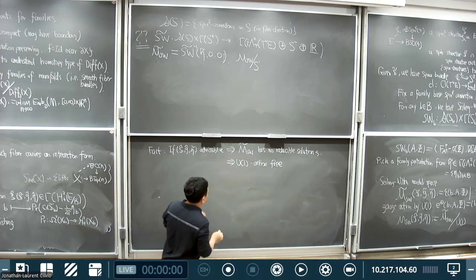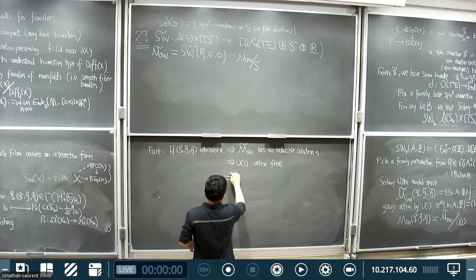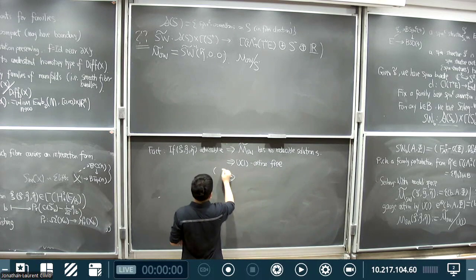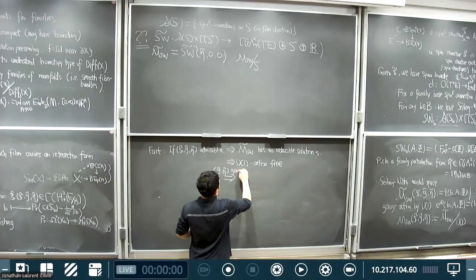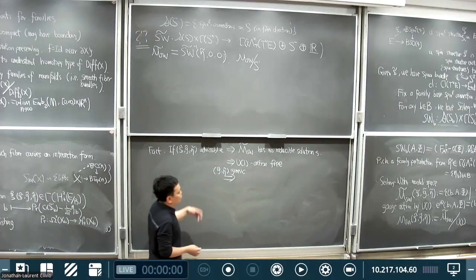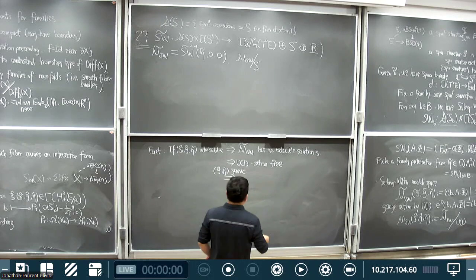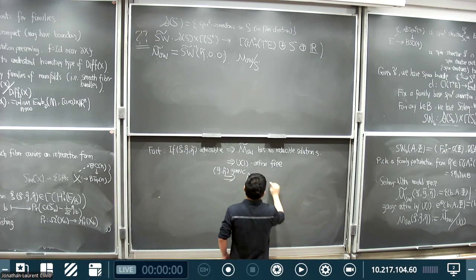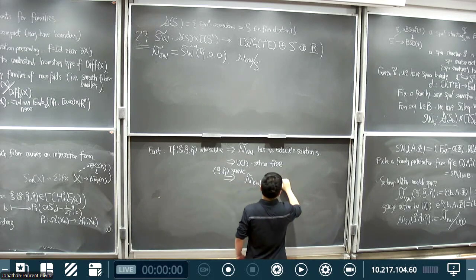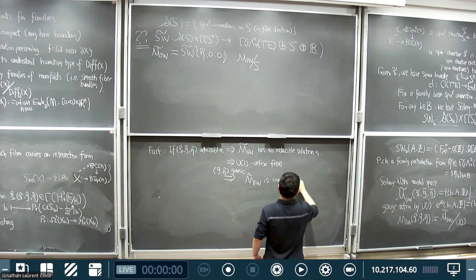Right? And now if we assume this G and eta are generic, with a little work through here to get transversality, then we know that this moduli space of SW is a compact manifold.